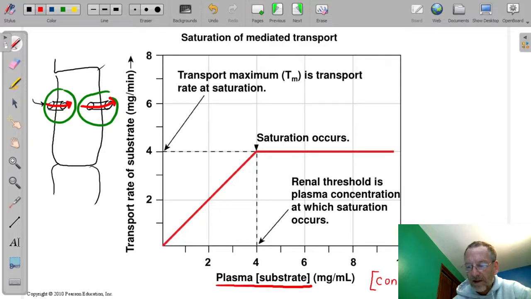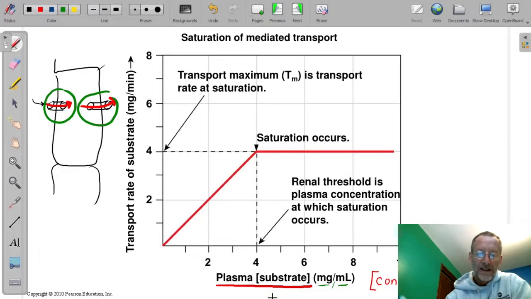So it's the concentration of some substrate in the plasma, in appropriate units, milligrams per milliliter. Maybe it's glucose. Maybe it's 20 milligrams per milliliter of glucose. That's the plasma substrate concentration. And the substrate is just what's being passed across the membrane. So you're moving a substrate, let's say, from the lumen into the interstitial fluid.